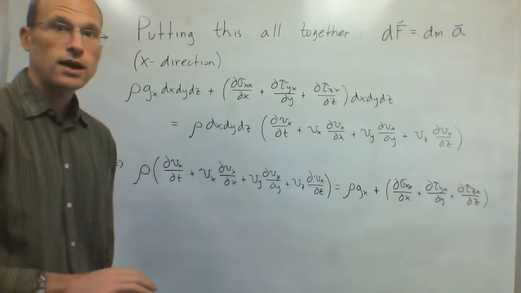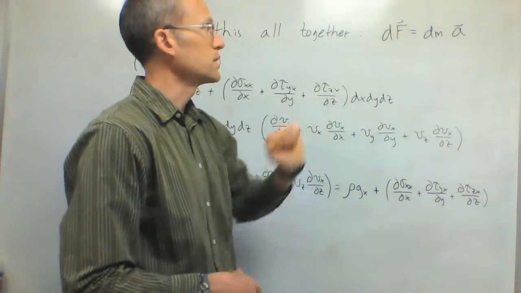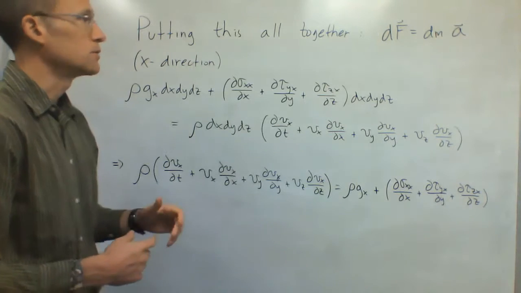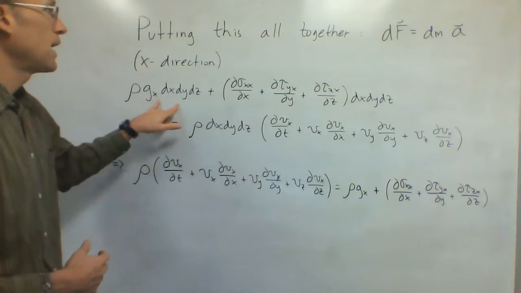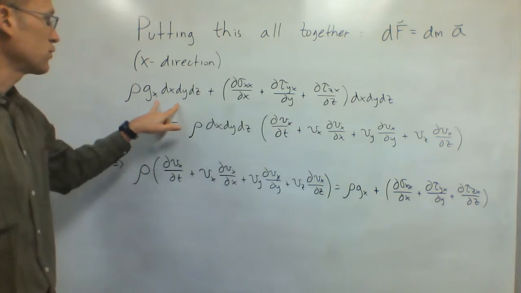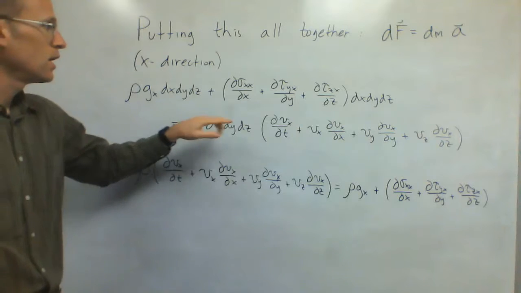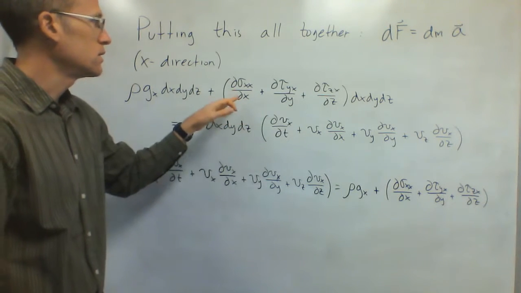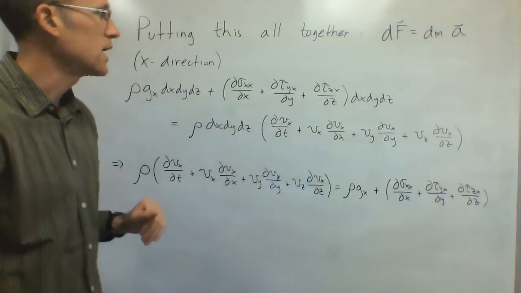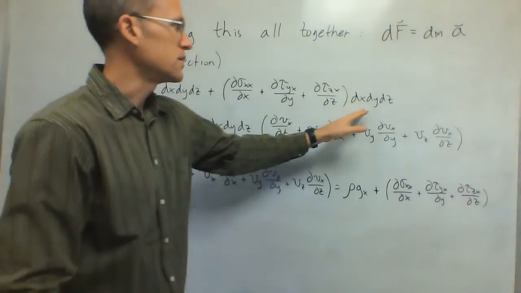So now putting everything together, basically putting everything into Newton's second law, dF equals dm times acceleration. Again, you're going to do this component by component. This is for the x direction. Forces: I have the gravitational force in the x direction, rho gx dx dy dz. Then the x version of the stress force, d sigma xx dx, d tau yx dy, d tau zx dz, times dx dy dz.